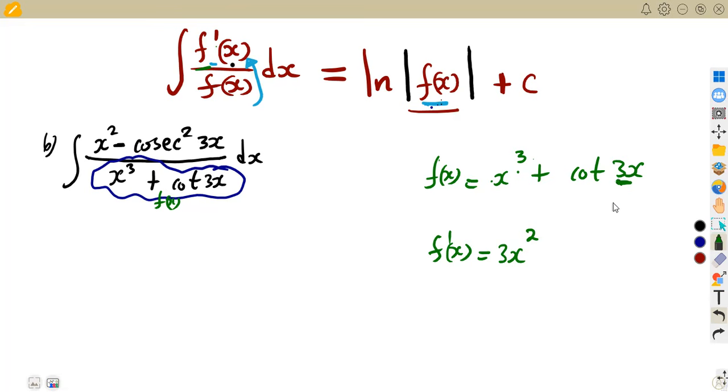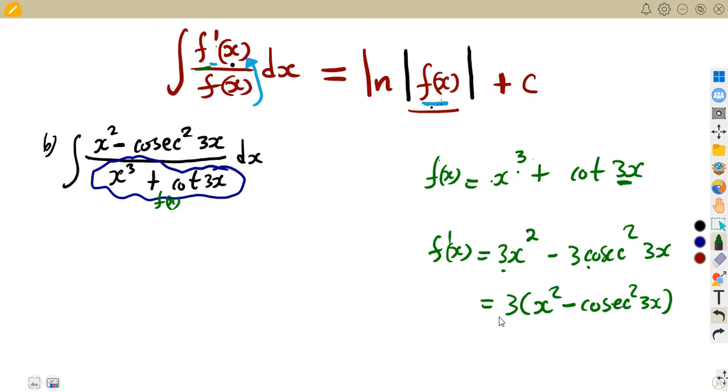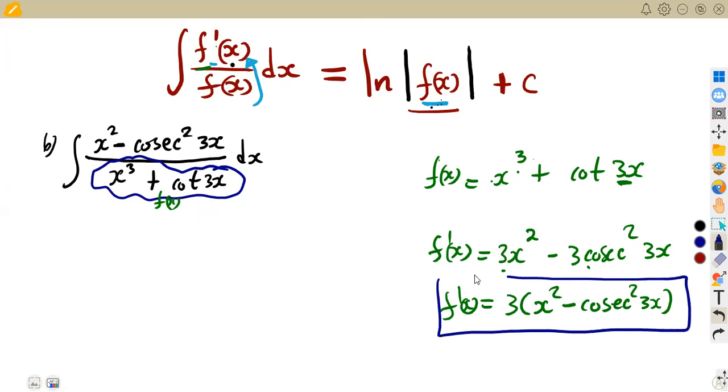So having a 3 here, it's going to be minus 3 cosec squared 3x. 3 is common on this part, so we can factor out 3. We remain with x squared minus cosec squared 3x. So this is supposed to be the exact first derivative of this f of x that is in the denominator.